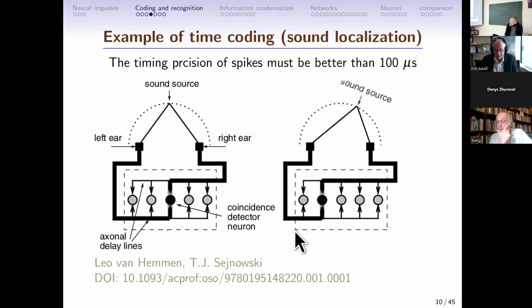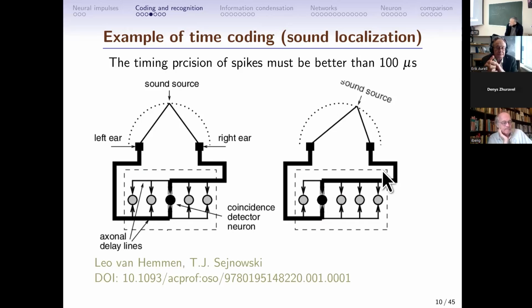And here is an example of almost pure time coding. It is the localization of sound direction with the two ears. Here is the right ear, here the left, and each of these secondary neurons requires two input spikes obtained in a narrow time interval in order to be triggered.